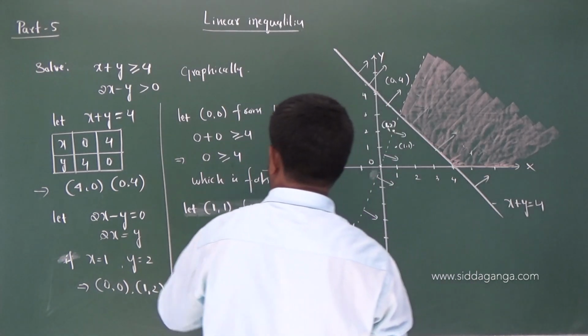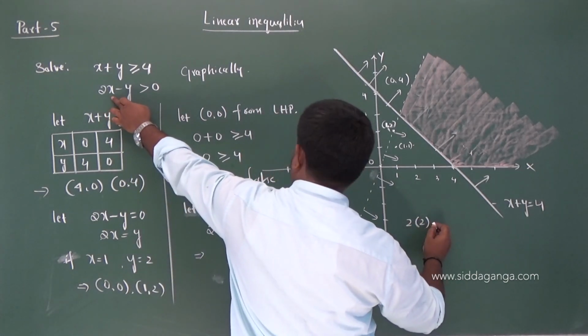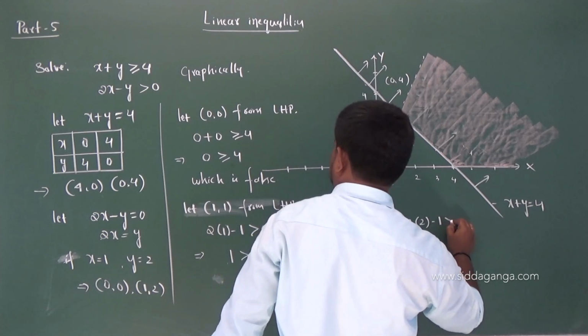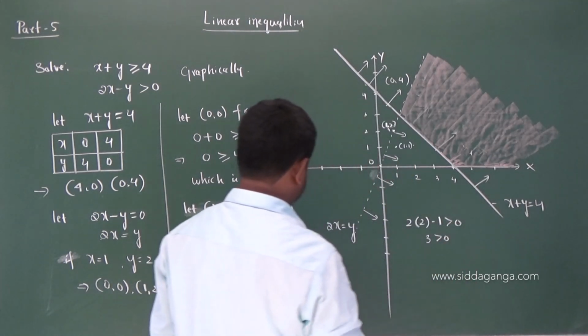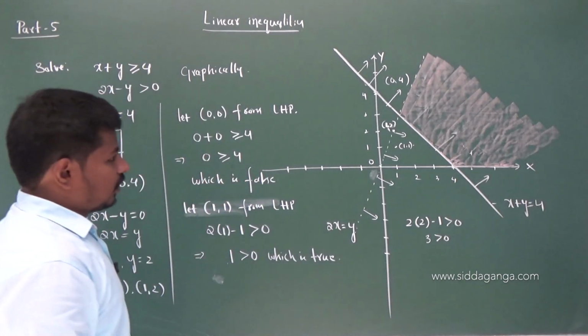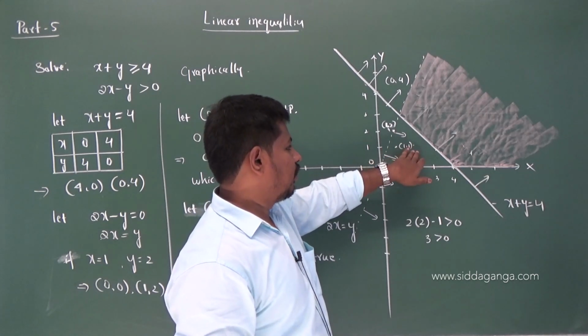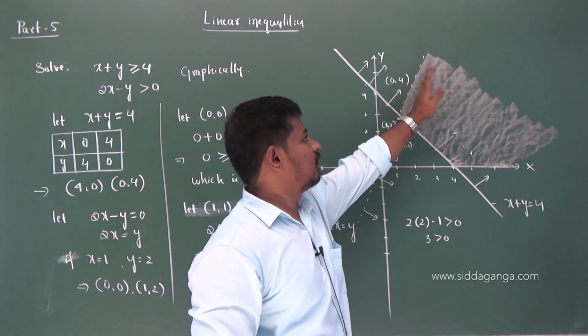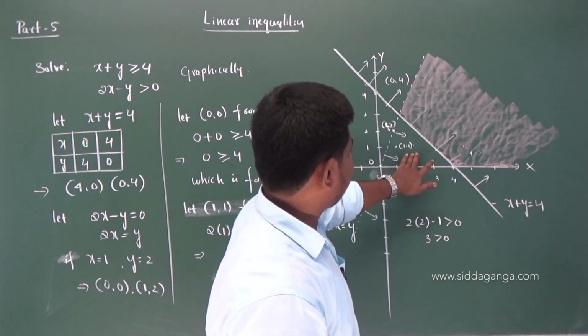You take 2 comma 1, what happens? 2 into 2, 2 twos are 4, minus 1 is greater than or equal to 0. You mean 4 minus 1, 3 is greater than or equal to 0. It is absolutely true. So the solution region is the region from which you have taken the point. You mean the lower half plane becomes the solution region.